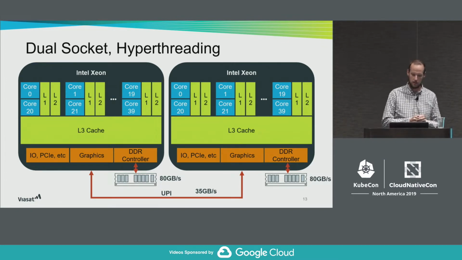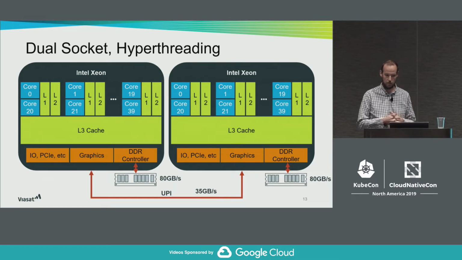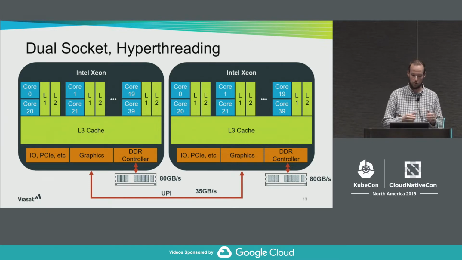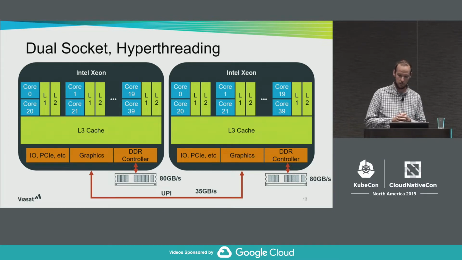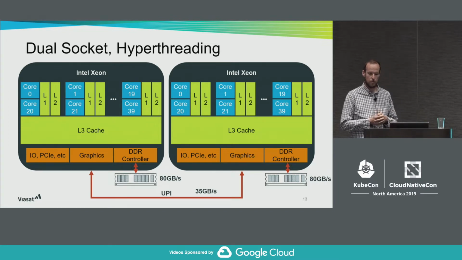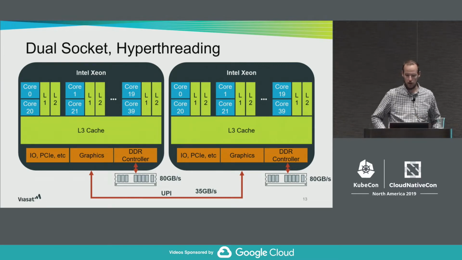The main difference there is that now you have two logical cores that are paired up with each of your lower level caches, L1 and L2, and then L3, which is still shared between all those cores on each of the processors. The other difference is that you have two DDR controllers now. Each of those can independently go out to DDR at about 80 gigabytes per second again. And now you have an interprocessor link, in Intel's case called the UPI or QPI, that runs at about 35 gigabytes per second.